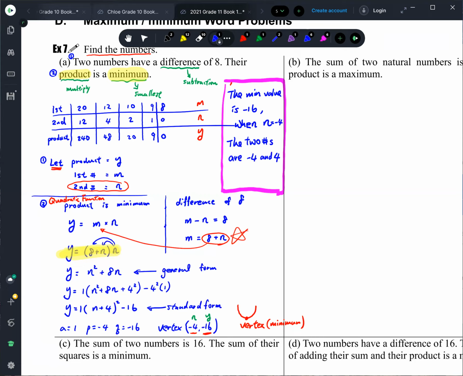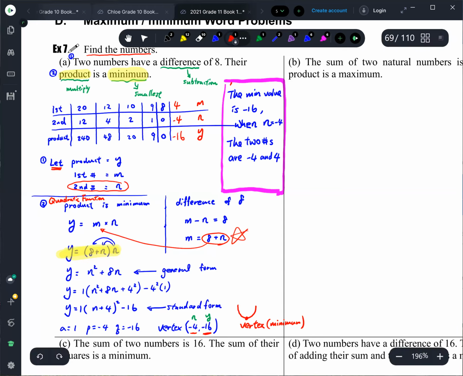If you look at the chart, before, I think it was Kat who said 8 and 0. So now we found an even better, even lower value. If 4 is our first number, -4 will be the other number. So we never tried the negative ones. 4 times -4 gives you -16. This is our winner. Let's give it a crown.